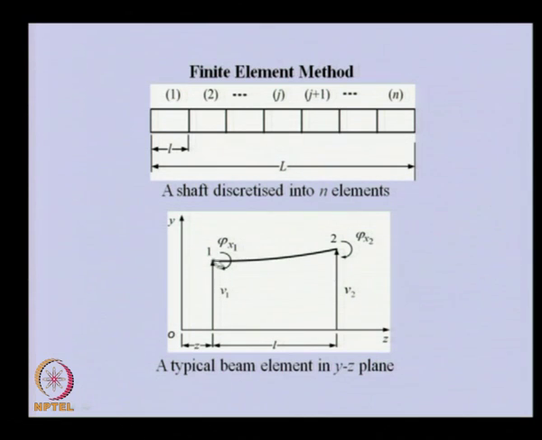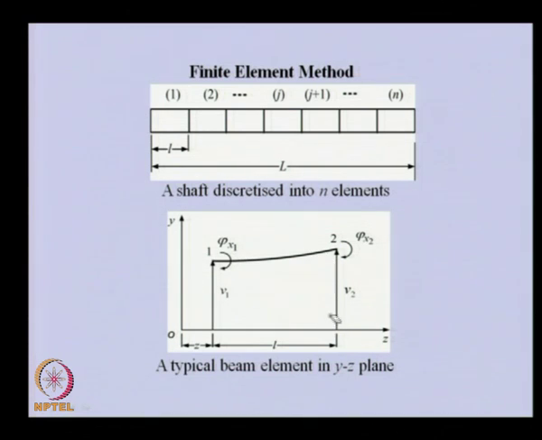We can see that to define the position of this particular node, we have the linear displacement, and also the slope we will be defining. So, the positive convention of the linear and angular displacements we have considered here.